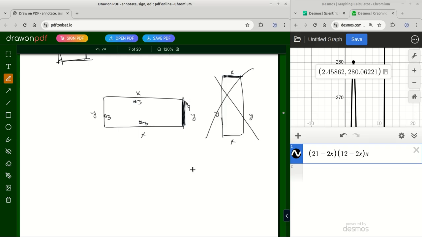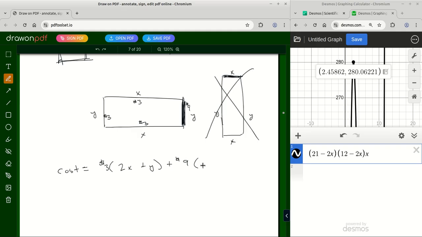All right, awesome. So with this in mind, we need to find what our cost is going to be. So my cost is going to be $3 for this one, this one, this one. So that's 2 X's and a single Y. $3. And then plus, I'm going to have a $9 fence for just the single Y right there.